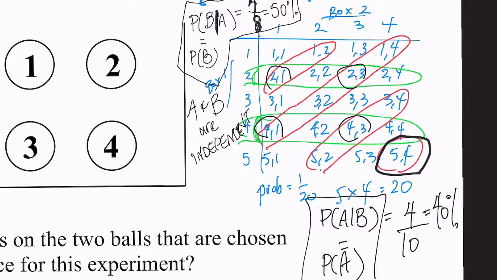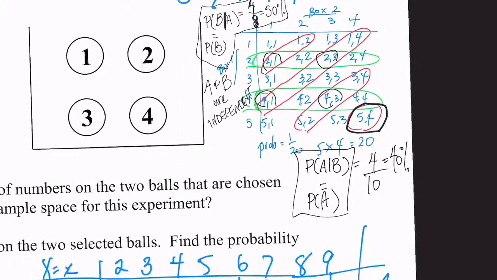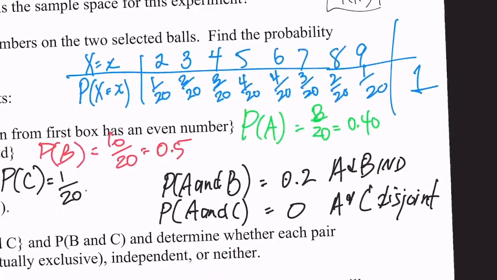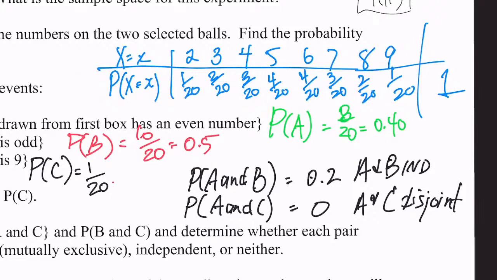And then the question is, are they independent? I hope you know the answer here. So what I'm saying is that the probability of B and C is 1 out of 20. There's only one place where both B and C coincide.